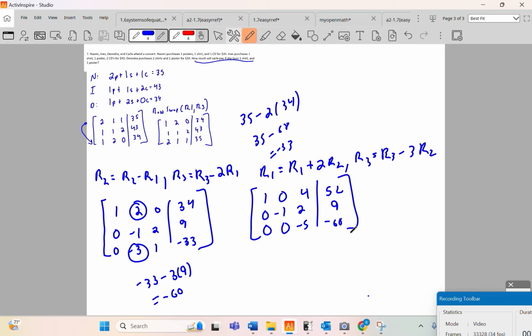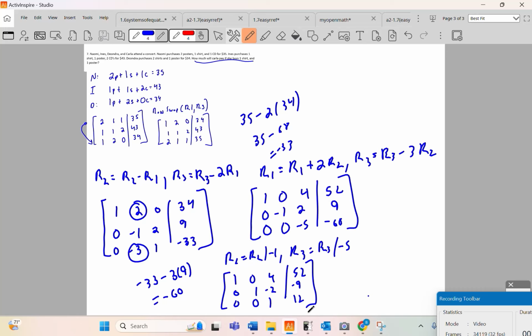And we're getting closer. I'm going to kill 2 birds with 1 stone here to some degree. I'm going to make these guys right here what they ought to be. Row 2 is row 2 divided by negative 1. Row 3 is row 3 divided by negative 5. 1, 0, 4, 52, 0, 1, negative 2, negative 9, 0, 0, 1, 12.